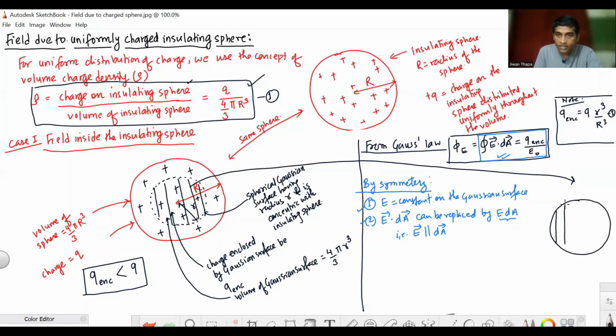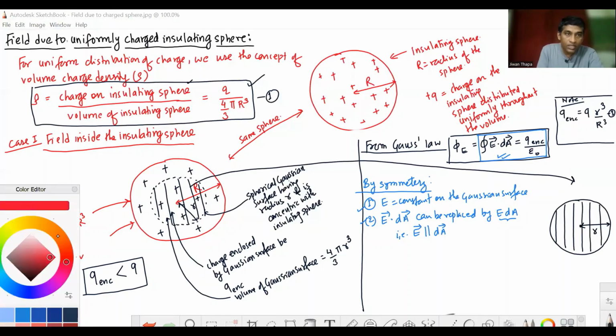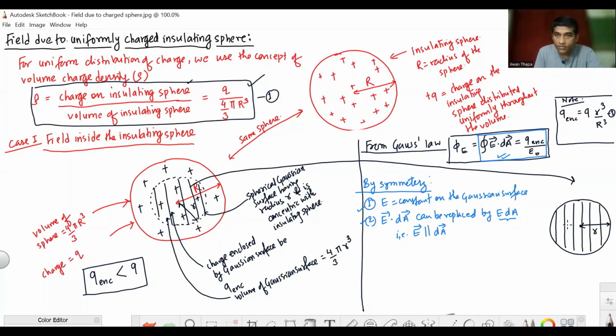This is the shaded region, and the radius is small r, and it is enclosing charge Q enc, and the charges are positive. So keep in mind, I'm drawing charge. So we have this.